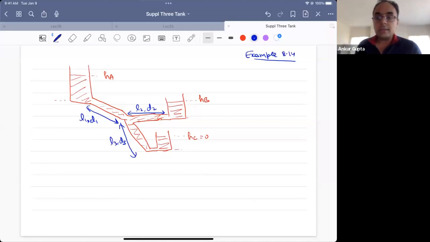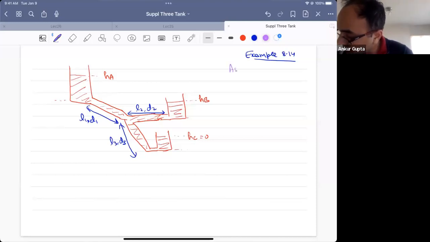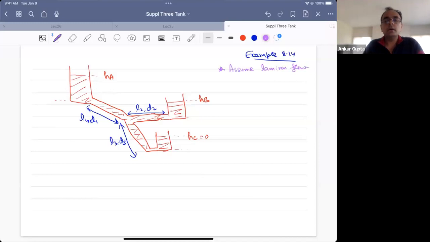Some small differences from the example given in the book: I will assume here that laminar flow is valid, and I will tell you why I did that a bit later. This is just to make the calculations easier and to get something tractable.